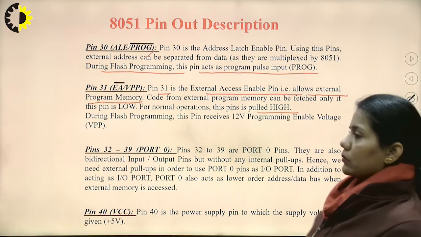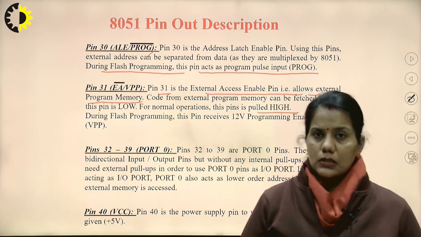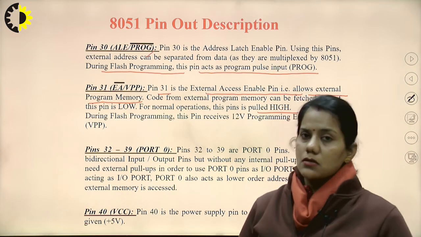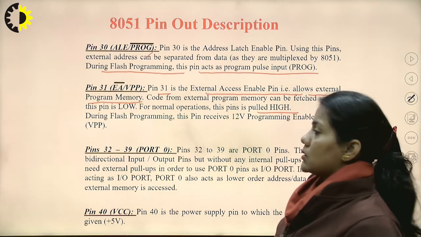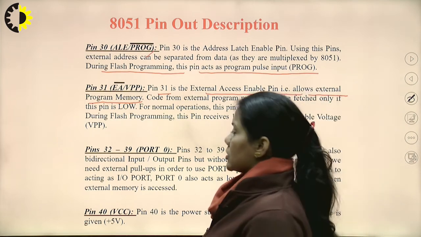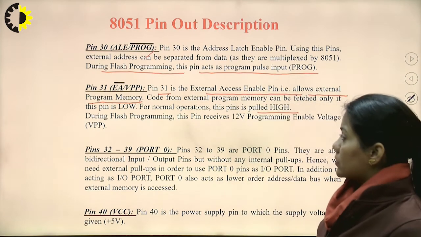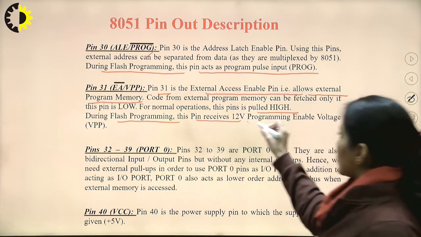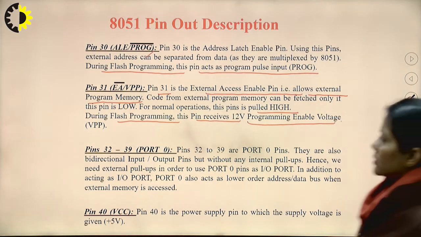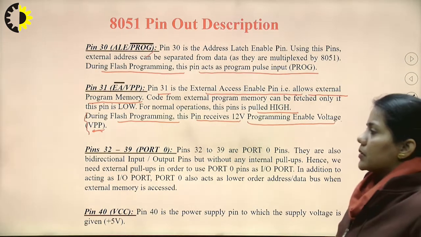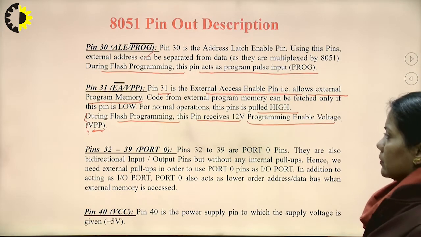So if we want to read the code from the external memory, then this external access pin should be activated, and to activate it, it should be made low because it is an active low pin. For normal operations, this pin is high, that is, this pin is deactivated. During flash programming, this pin receives 12 volts programming enable voltage, that is the VPP. So the second purpose of this pin is during flash programming.